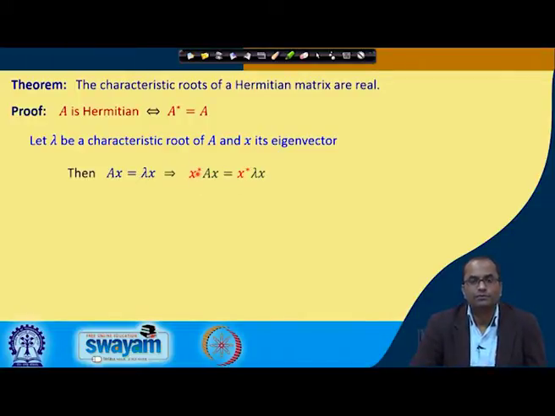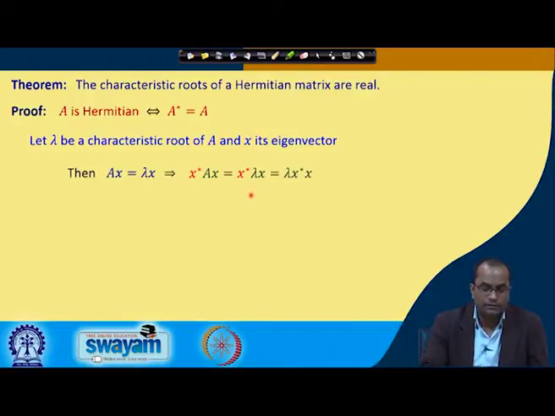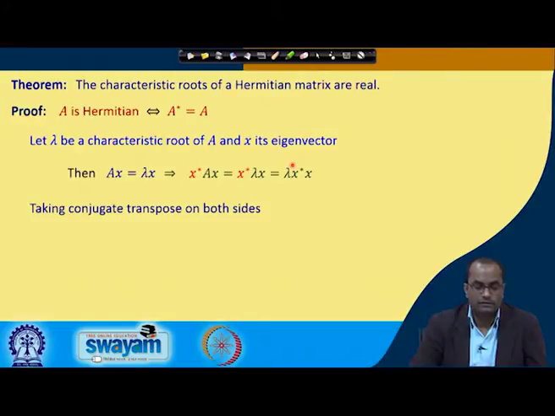Again the transpose of x and its complex conjugate. Lambda is a constant, so we can always take it to the front. So, we have x star A x is equal to lambda x star x, that is one relation.